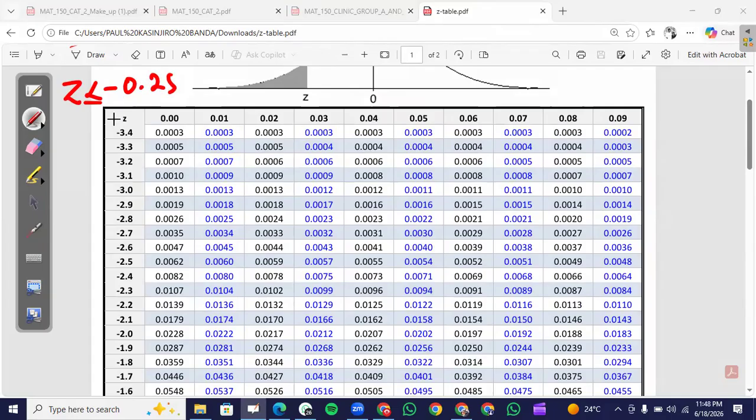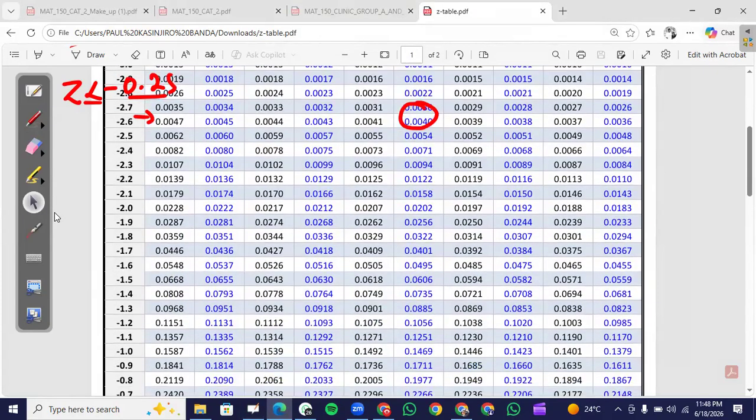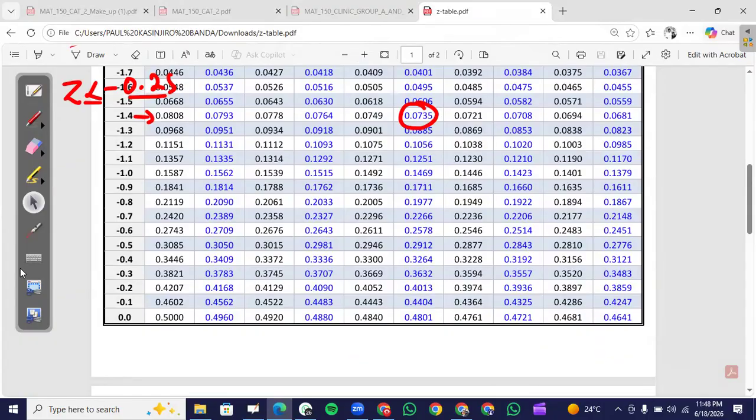The first numbers, I should find them in the column, and then the 0.05, I should find it here. I'm now looking for 0.2. So where's the 0.2? The 0.2 is actually there.